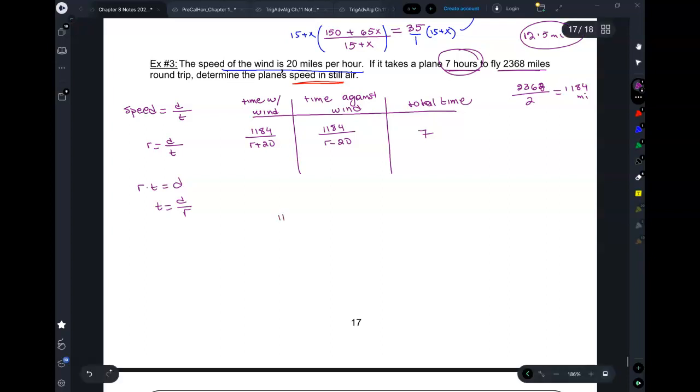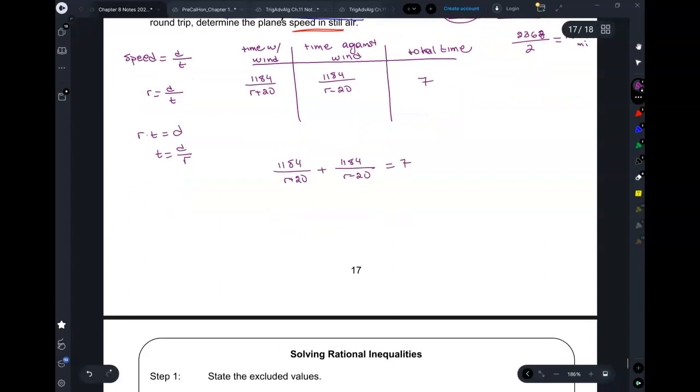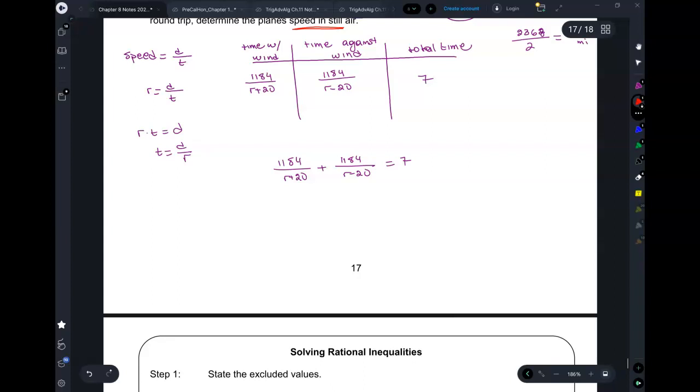The time it took here plus the time it took here adds up to 7 hours altogether, right? And then after this, it's the same thing as what we've been doing. So what is the LCD here? R plus 20, R minus 20.